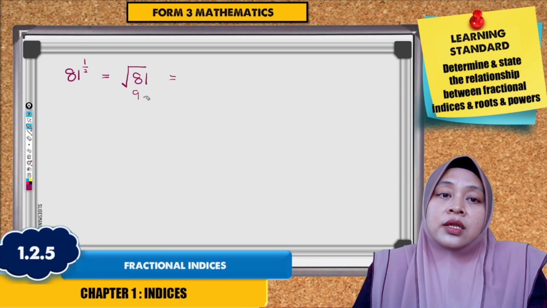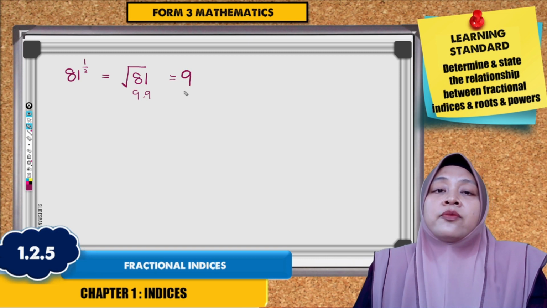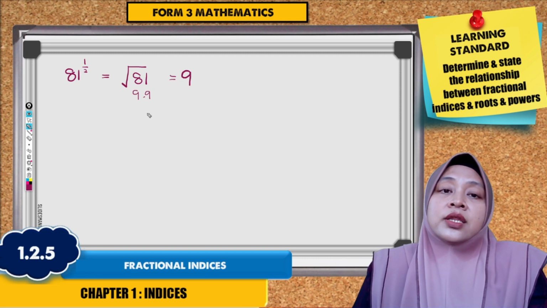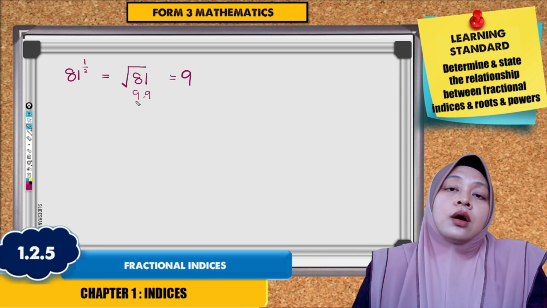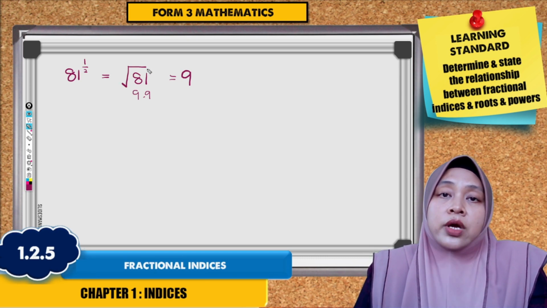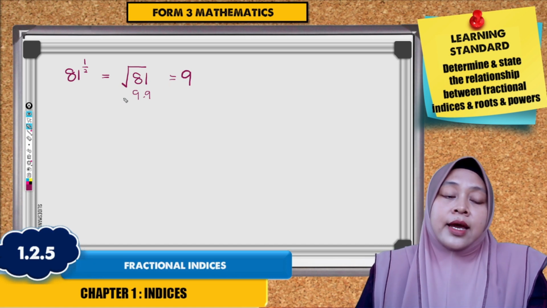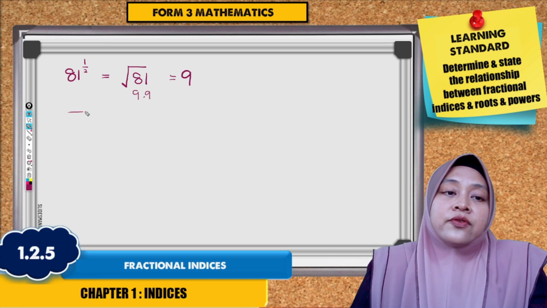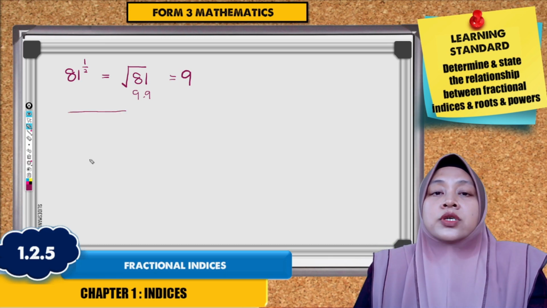So 9 times 9, so the answer is 9. If you have problems finding this, just use your calculator, put the square root of 81 and equal, and you will get 9. That is the first question.